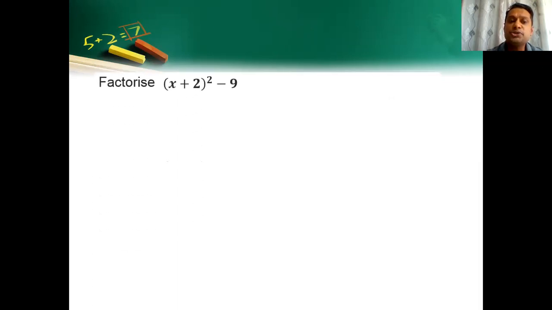Factorize (x plus 2) squared minus 9. Okay, here you observe that it is in the form of a squared minus b squared. The 9 can be expressed in index form as 3 squared. Therefore, (x plus 2) squared minus 3 squared. The (x plus 2) can be replaced by a, and 3 can be replaced by b.